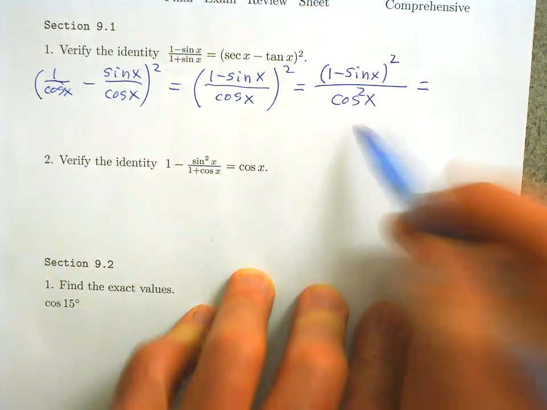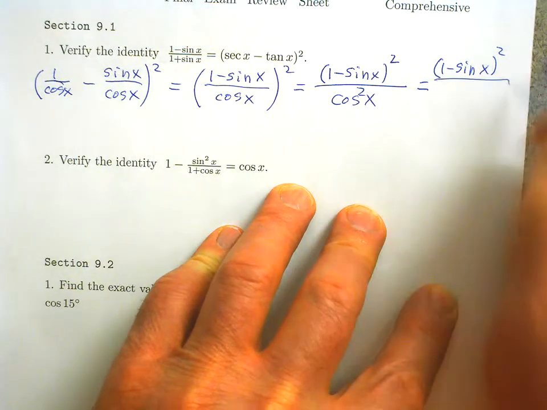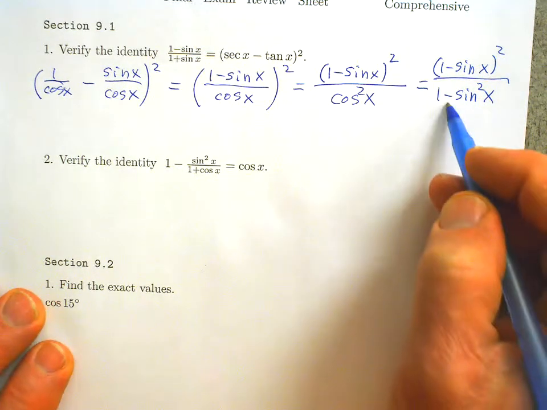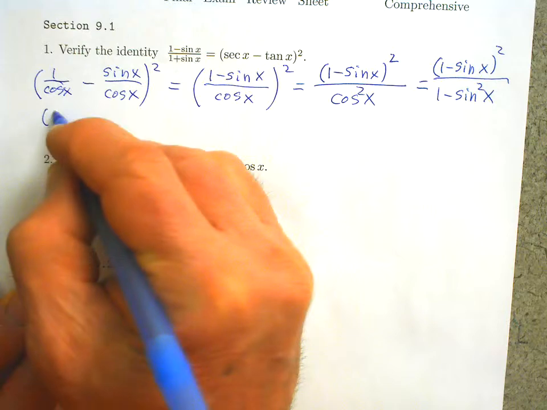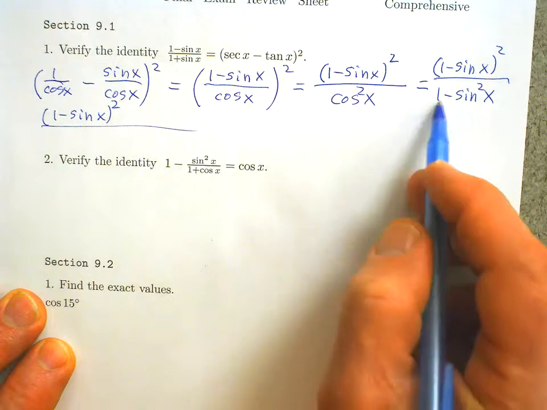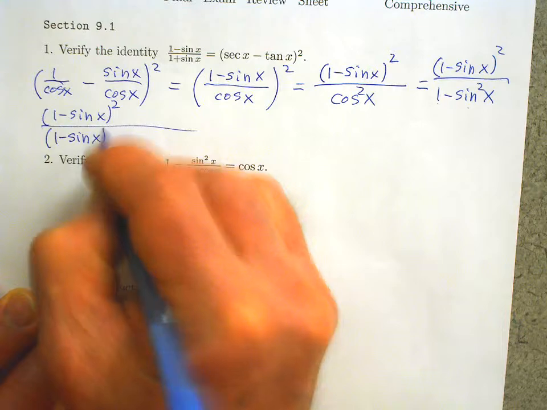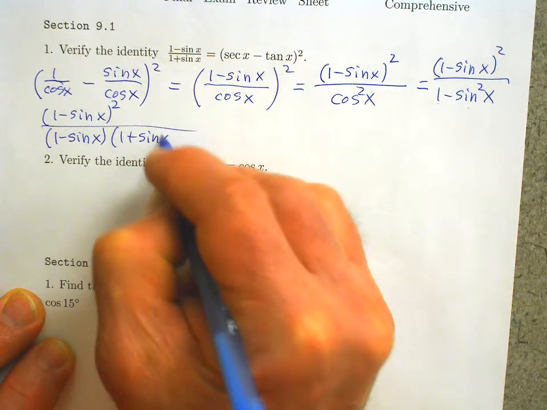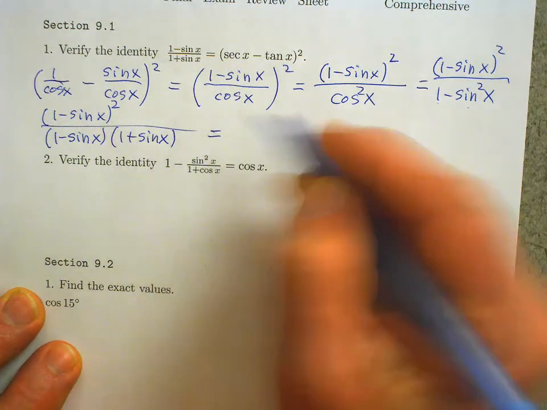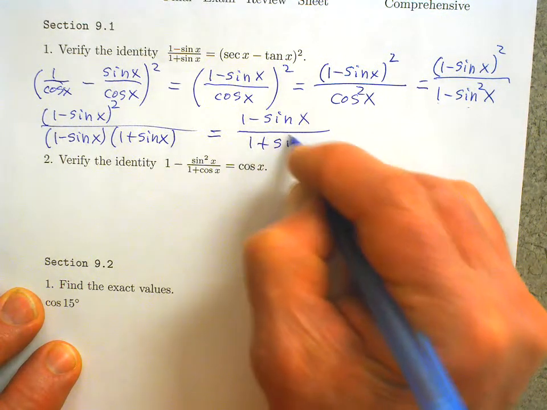Then replace cosine of x squared in the denominator with 1 minus sine of x squared. And then the denominator is a difference of squares, so we get 1 minus sine of x squared, quantity squared in the numerator. And then we factor 1 minus sine of x squared, we get 1 minus sine of x times 1 plus sine of x. And then one factor of 1 minus sine of x cancels from both the numerator and denominator, so we get 1 minus sine of x in the numerator and 1 plus sine of x in the denominator.